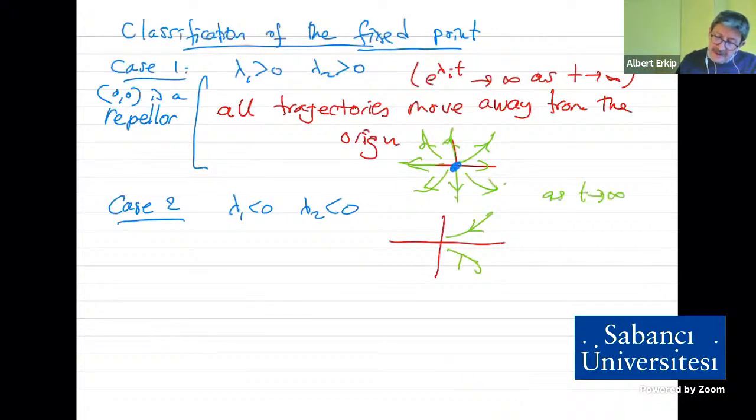As t goes to infinity, x of t goes to the origin. In this case, 0, 0 is an attractor.